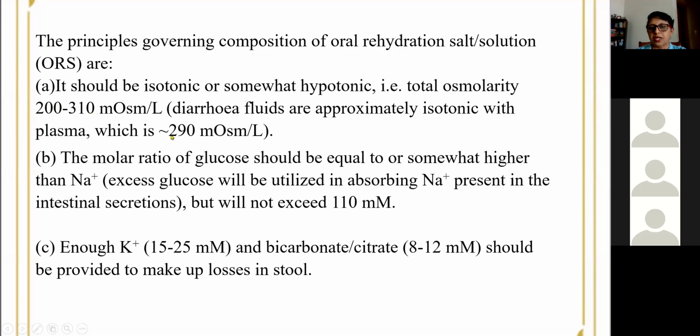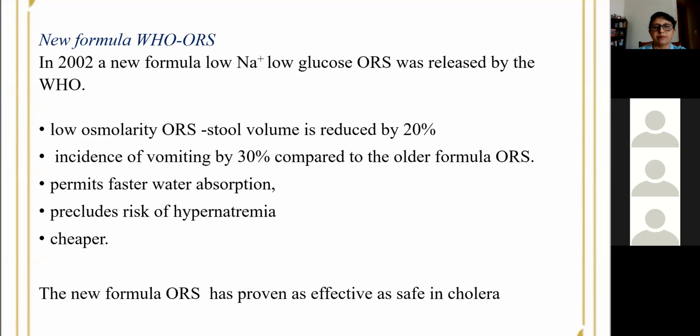That is number one. Number two, the molar ratio of glucose should be equal to or somewhat higher than sodium, because glucose helps in the reabsorption of sodium. Then potassium as well as bicarbonate should be 15 to 25 and 8 to 12. So this is the principle governing the composition.